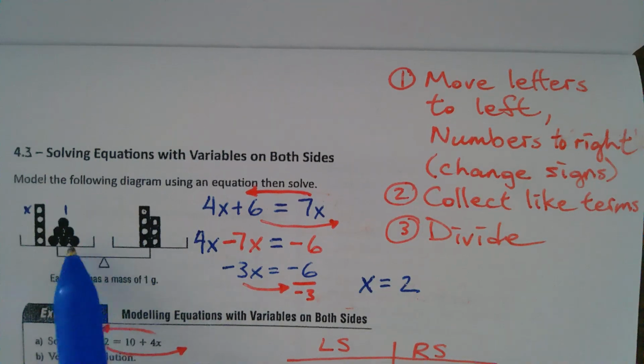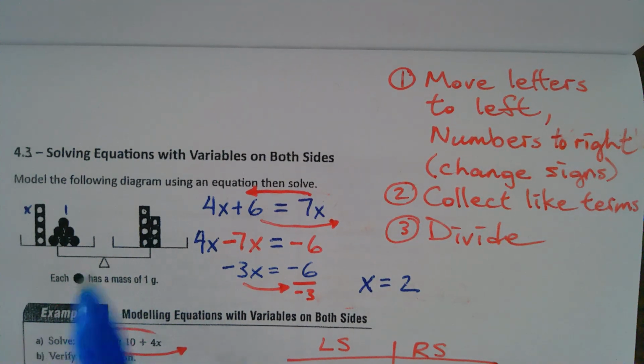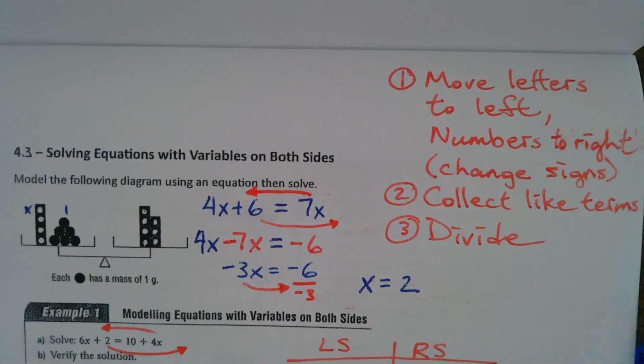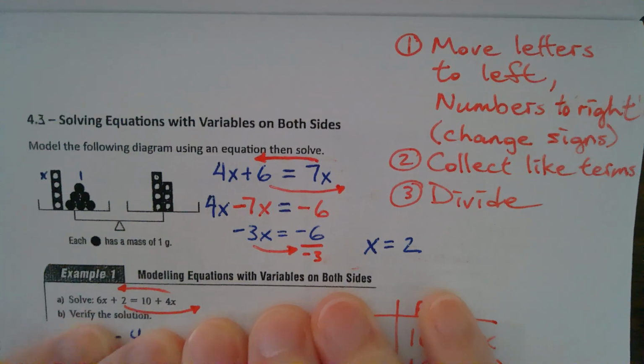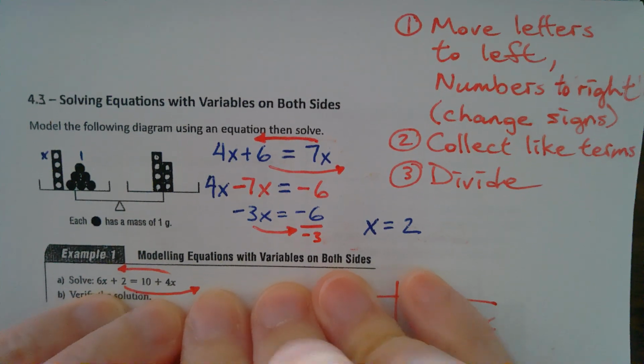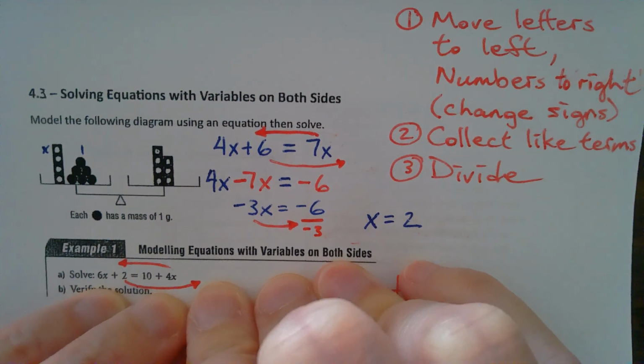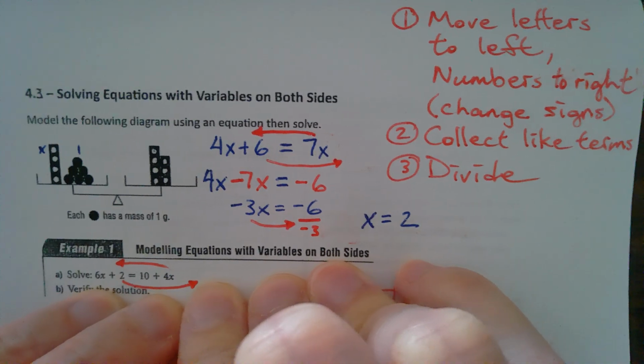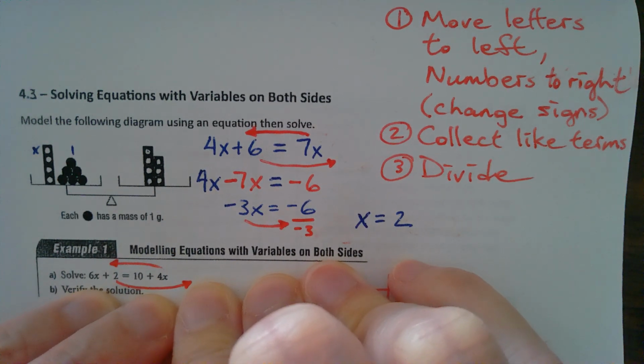Okay. So now that you get the idea of the scale, let's just try to do it mathematically, without drawing a scale or balance or anything. Okay, so example 1, I have this equation. Following my 3 steps, move the letters to the left, numbers to the right.